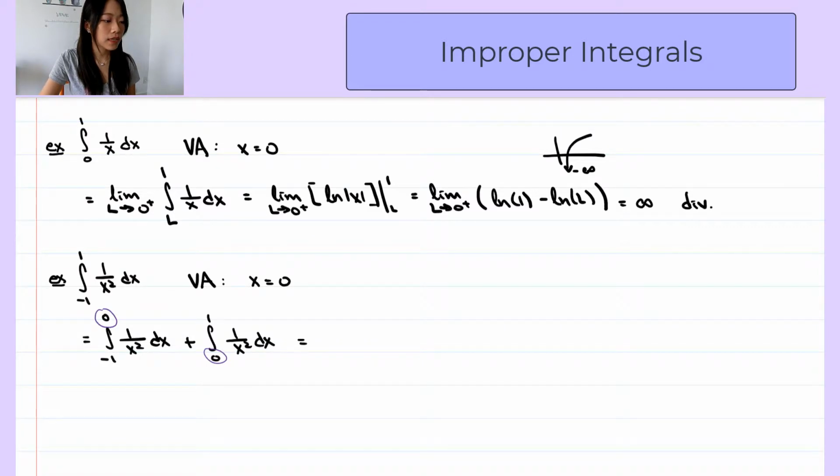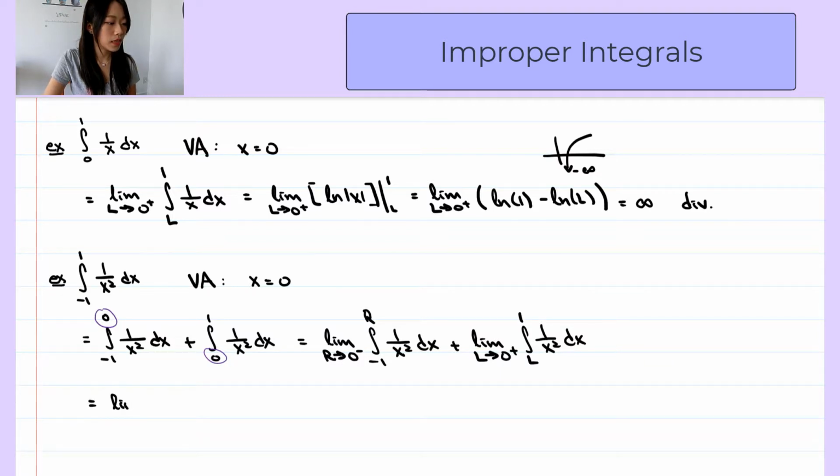So we can rewrite this as the limit as r approaches 0 from the left of the integral of 1 over x squared evaluated from negative 1 to r, plus the limit as L approaches 0 from the right of the integral of 1 over x squared evaluated from L to 1, which equals the limit as r approaches 0 from the left of negative 1 over x evaluated from negative 1 to r, plus the limit as L approaches 0 from the right of negative 1 over x evaluated from L to 1.